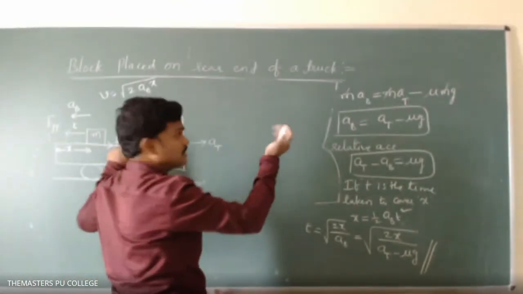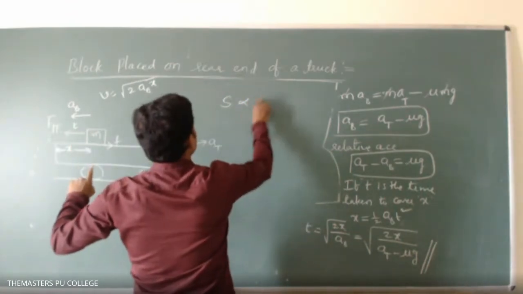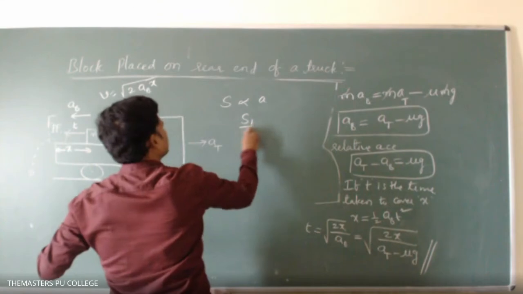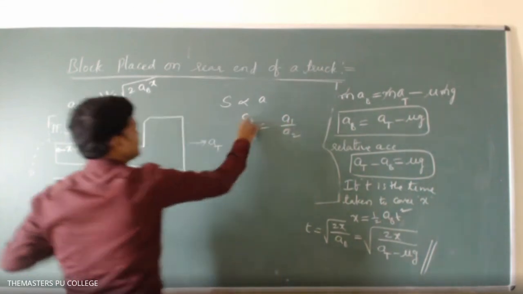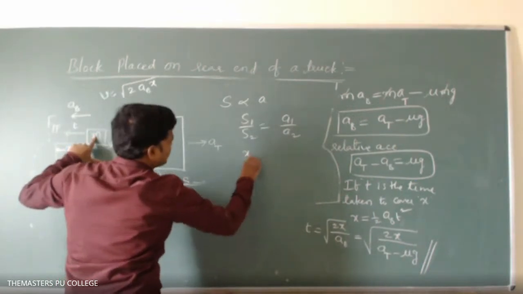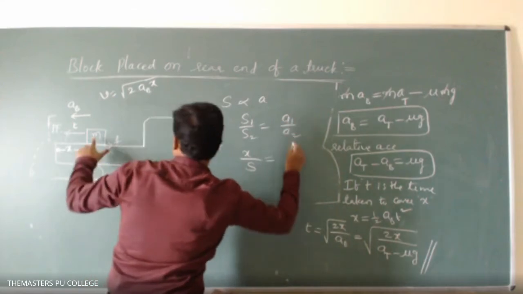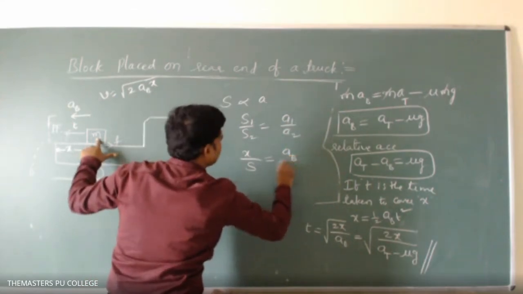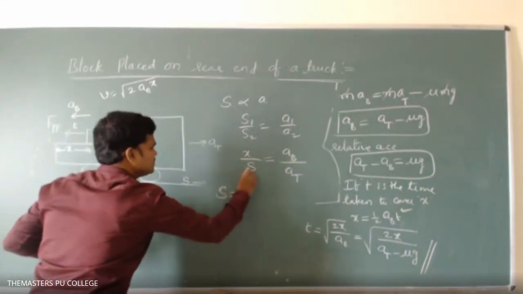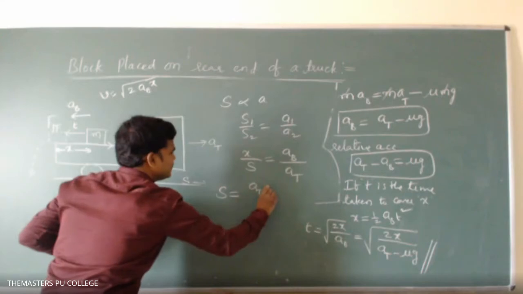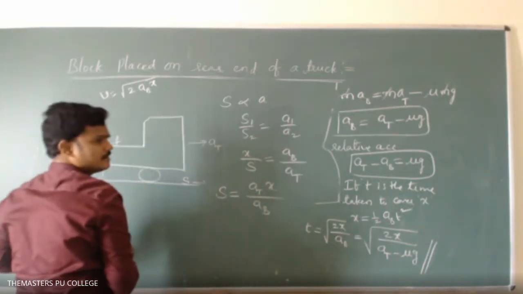We can write s proportional to a, because t is the same. S1 by s2 is equal to a1 by a2. S1 for the block is x, S2 for the truck is s, A1 for the block is AB, A2 for the truck is AT. Then s is equal to AT x by AB.